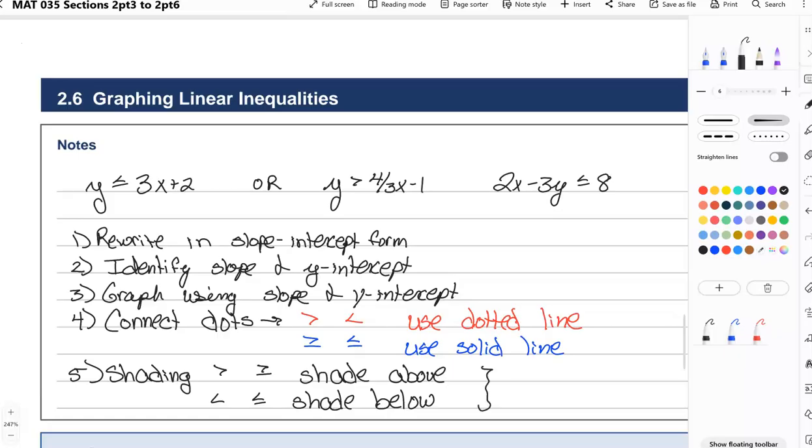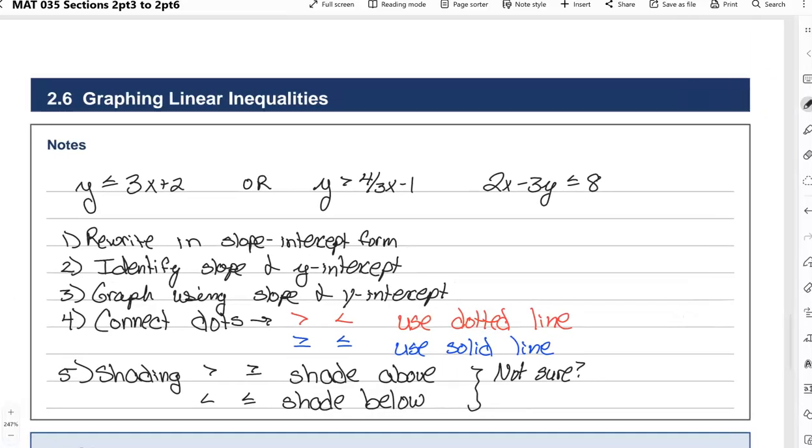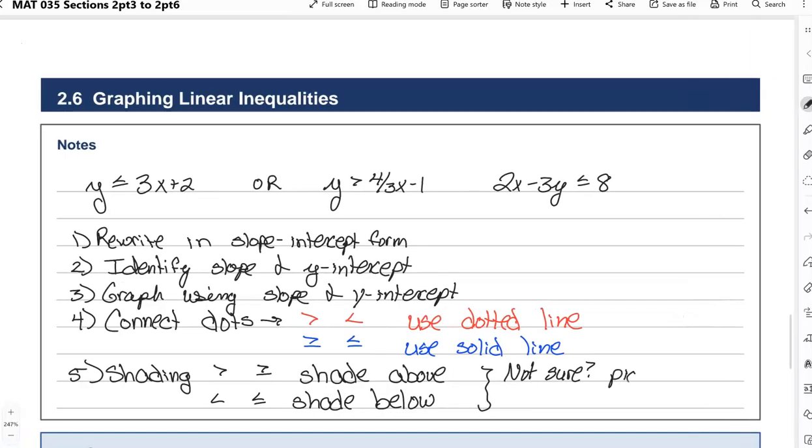And we could always, if we're not sure, pick a point in one region. If you get a true statement, I'm going to abbreviate statement, STMT, then you're going to shade that region.